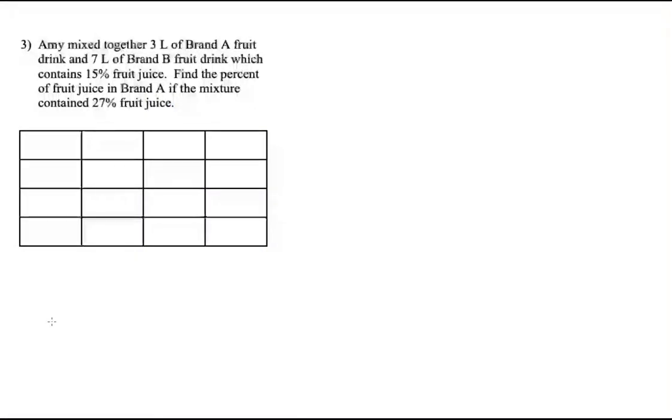All right, so Amy mixed together 3 liters of brand A fruit juice with 7 liters of brand B fruit juice, which contains 15% juice. And we want to find the percent of brand A if the mixture, when we're done with it, contains 27% juice.